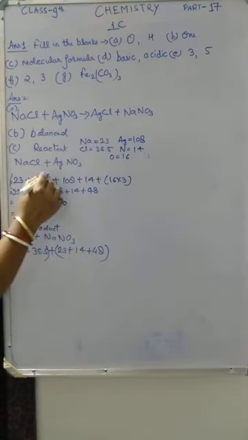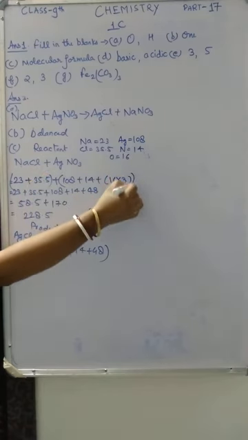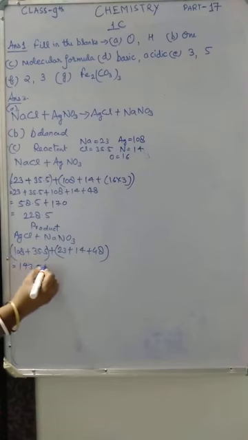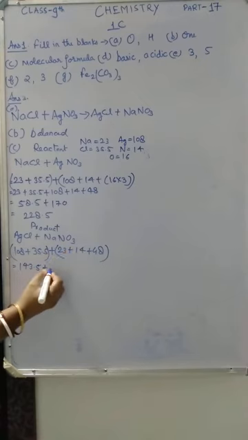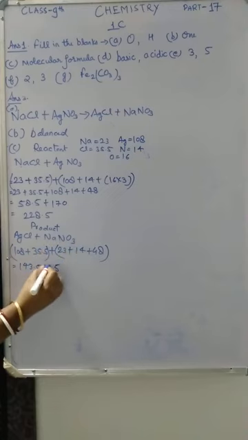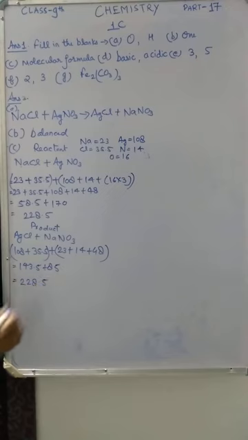Here you can put one bracket. So 108 plus 35.5 will be 143.5, plus this one. If you add it, you will get 228.5. So these are the weights of reactants and products.